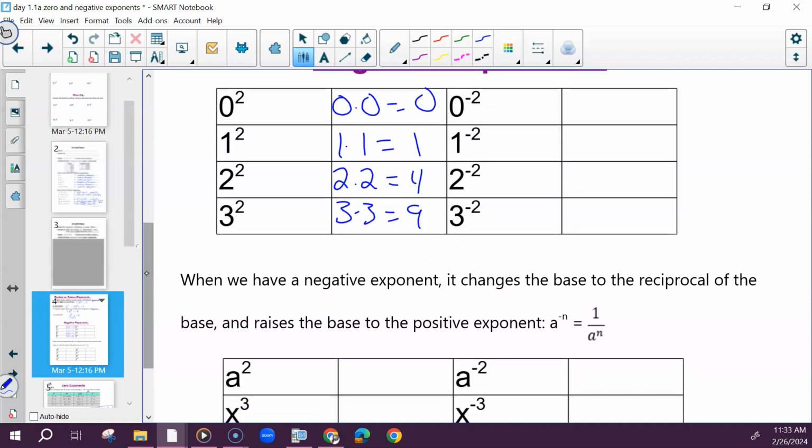So if we were to try this out, we know all of these numbers are over 1. If I take it and flip it, that would be 1 over 0. The exponent would move with it, but would become positive. We know 0 squared is 0, but 1 over 0 would be what? Undefined.